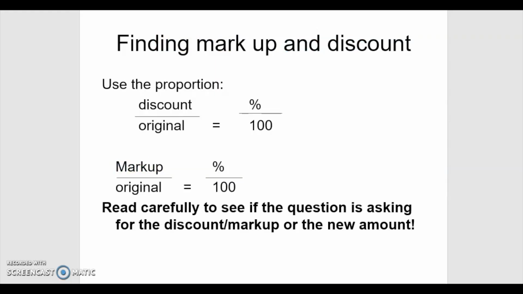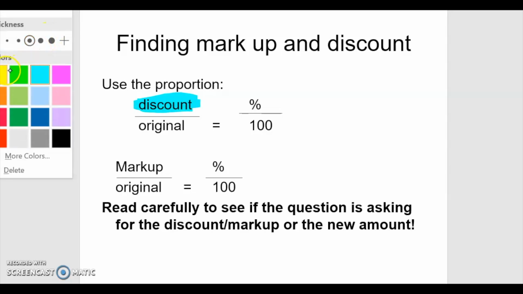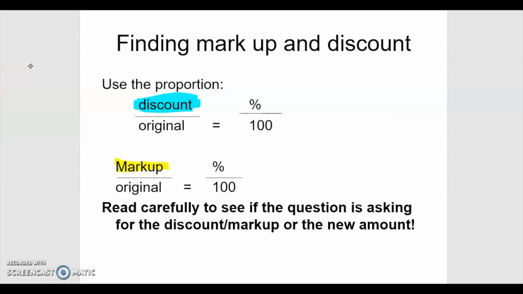The only words that have changed in our proportion are discount and markup. We're replacing amount of change with markup and discount. So again, we have to figure out how much the price of the item is changing, and that's the number that goes into our proportion.